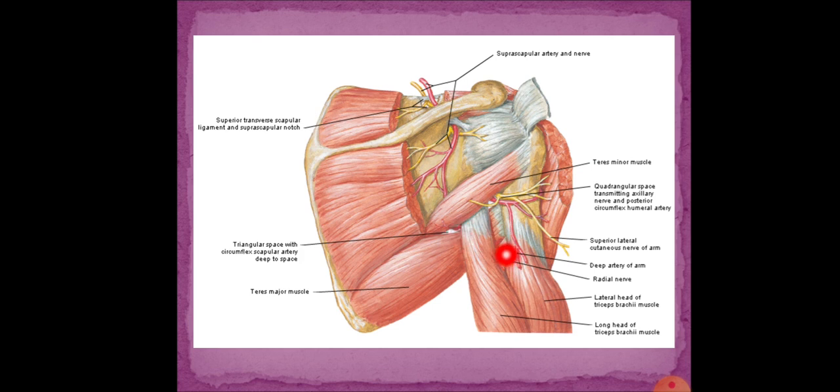The lower triangular space is surrounded superiorly by teres major, laterally and medially by triceps. The structures passing through it are the radial nerve and the deep artery of the arm, or profunda brachii artery.